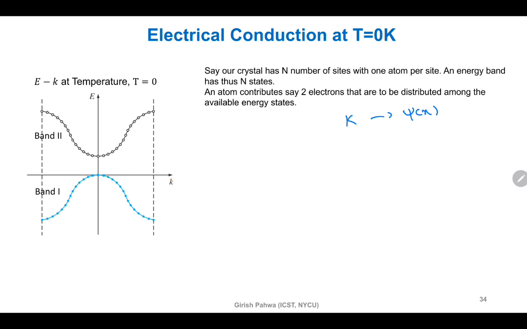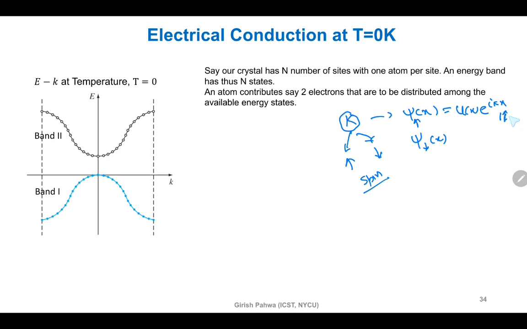But there is another degree of freedom an electron can have. For the same k, you can have two types of electron, with up spin and down spin. So spin can also be another degree of freedom. Basically for one k, you can have two wave functions, one with up spin, one with down spin. So it's simply going to be this u(x) into e to the power iota kx, multiplied with some spin part.